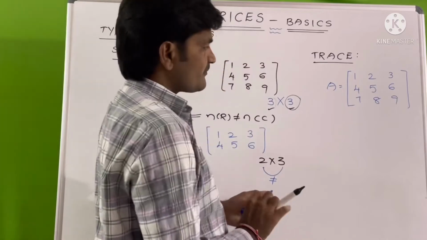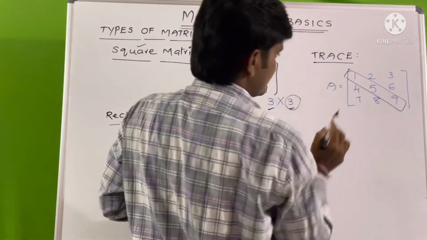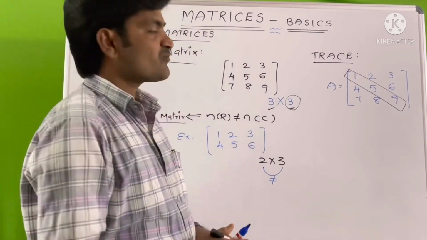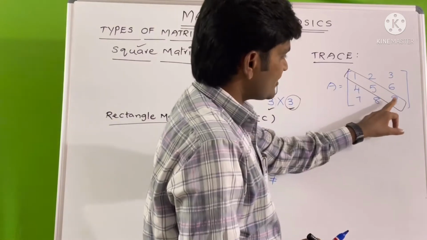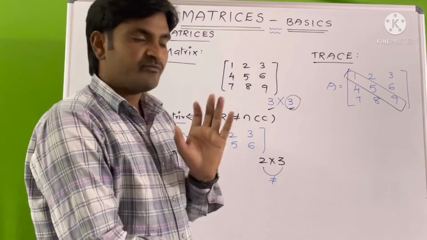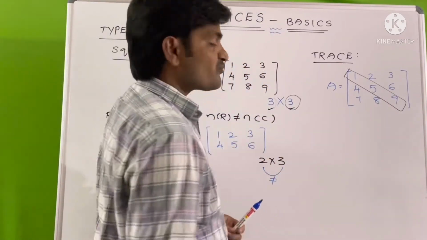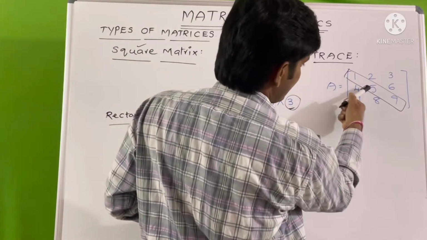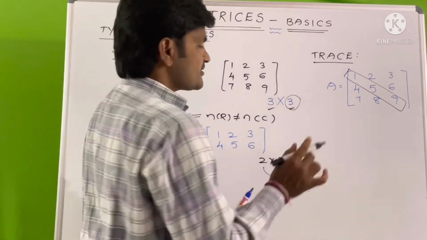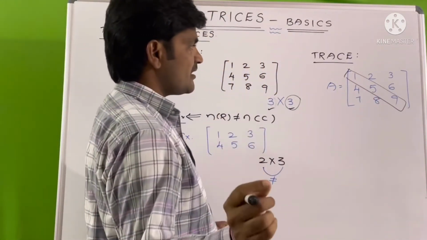In this matrix, these 1, 5, 9 elements are called principal diagonal elements. So the trace definition is: the sum of principal diagonal elements is called trace.